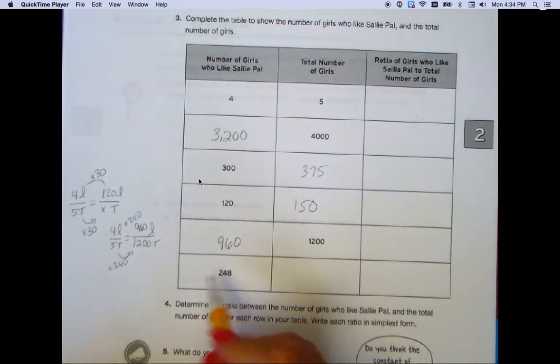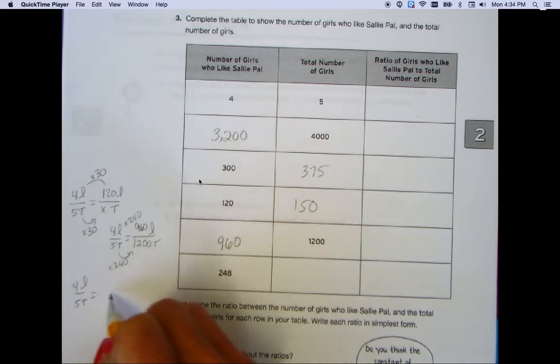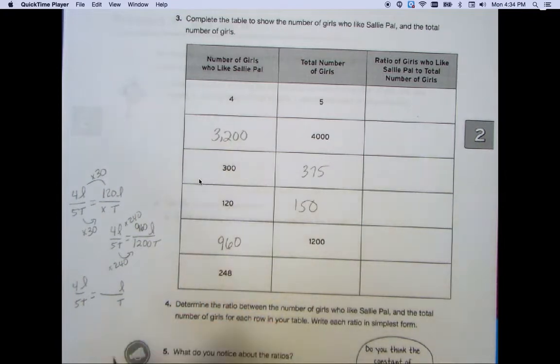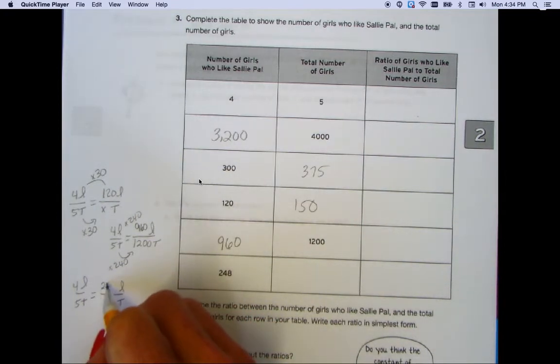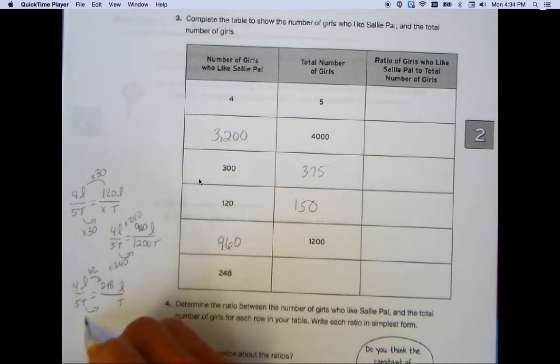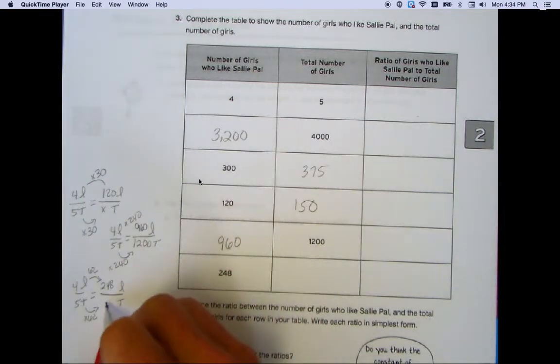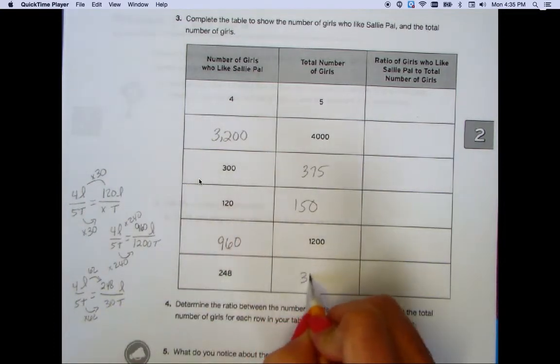And then the last one, if 4 like out of 5 total, bring over my labels, and I have 248 who like. 248, 4 times 62. 5 times 62 gives us 310.